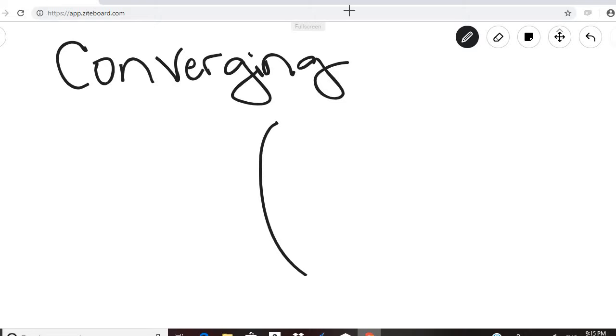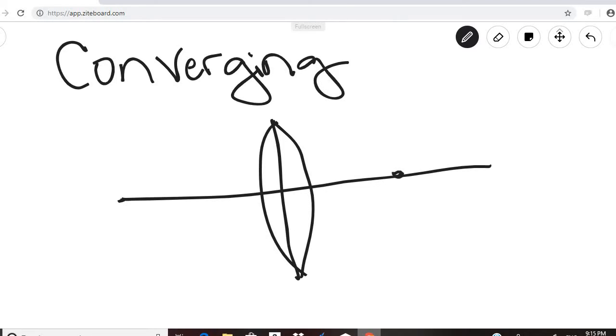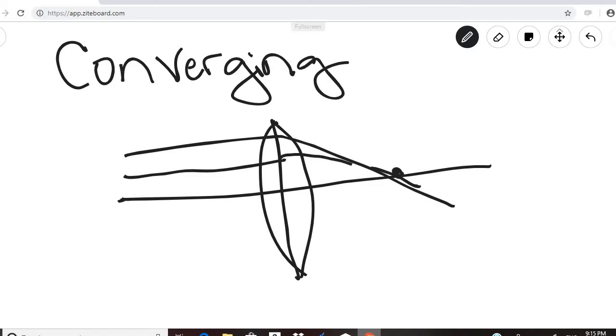So if we have a lens like this, and here we'll go ahead and draw our line through here. Here's our focal point. So in a lens like this, any light beam that travels horizontally through this lens is going to travel through the focal point.